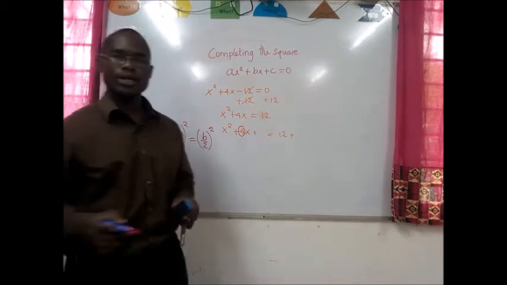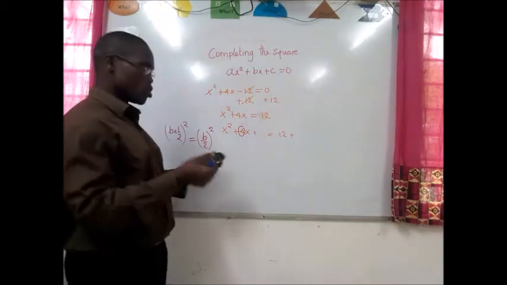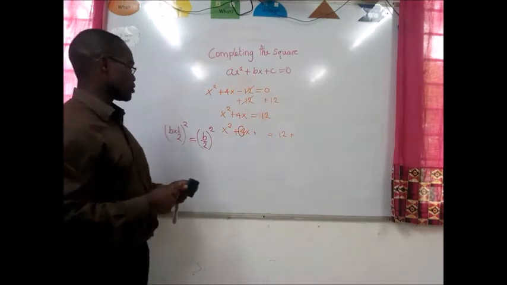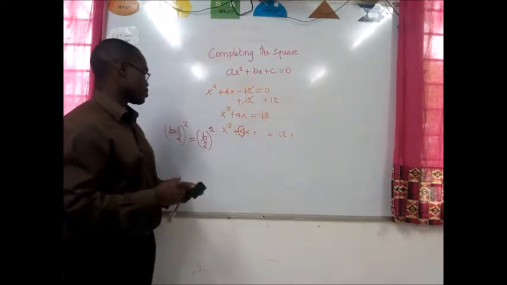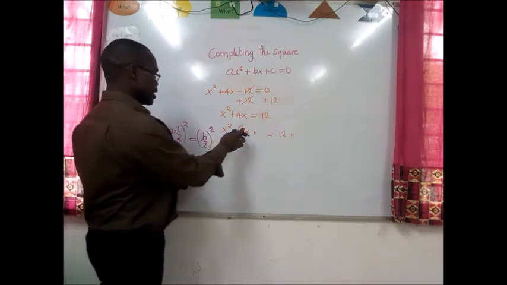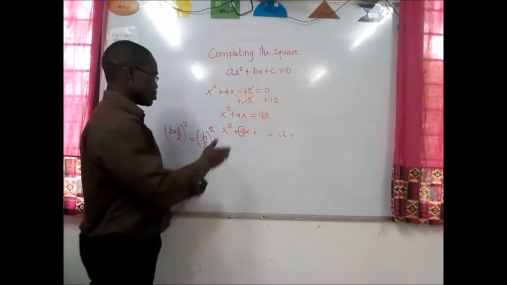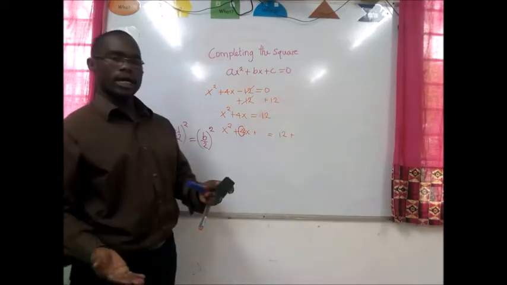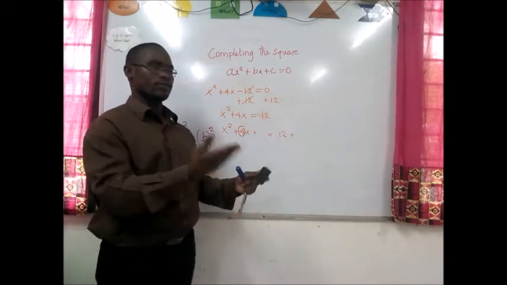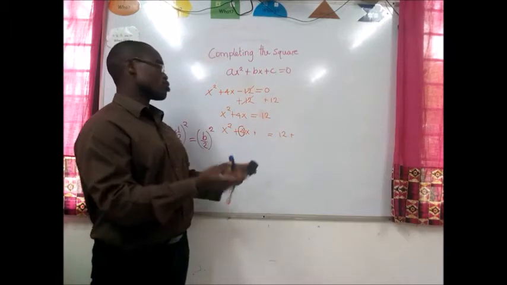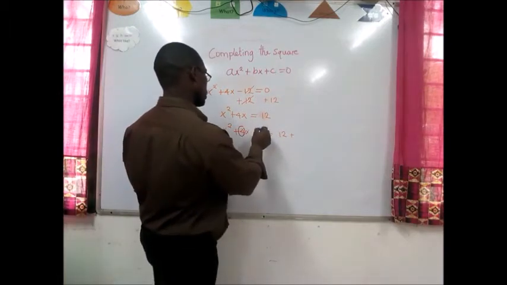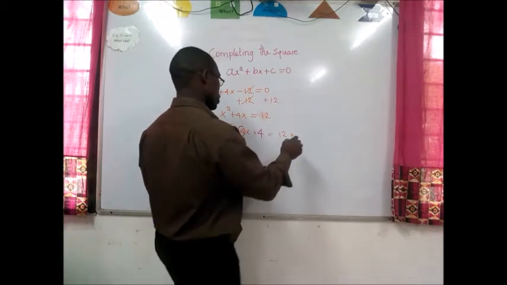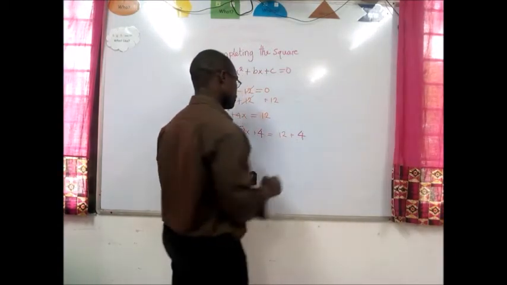That is the way you express it. I mostly prefer to use this on fraction equations, and this is a normal equation. So we divide the coefficient of x by 2, and we get 2, because 4 divided by 2 is 2, and then you square, get 4. So we add 4 here, and also add 4 here.